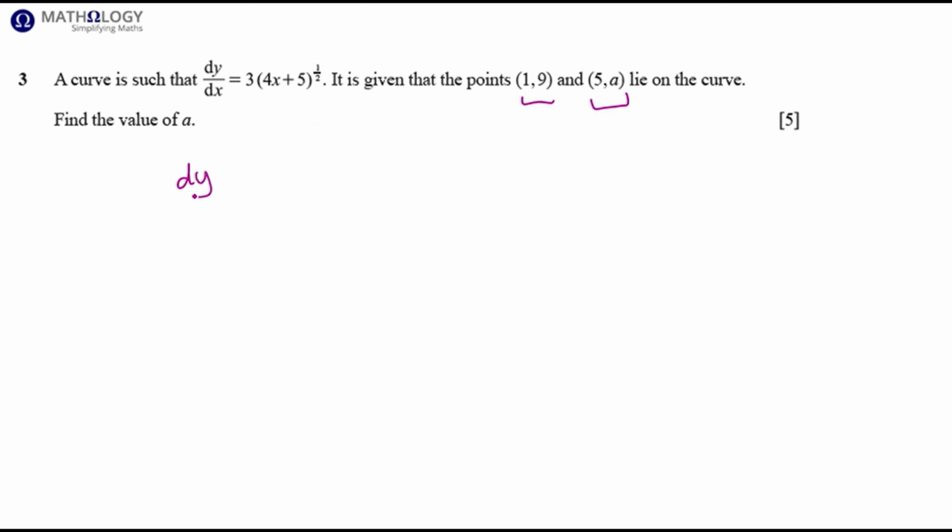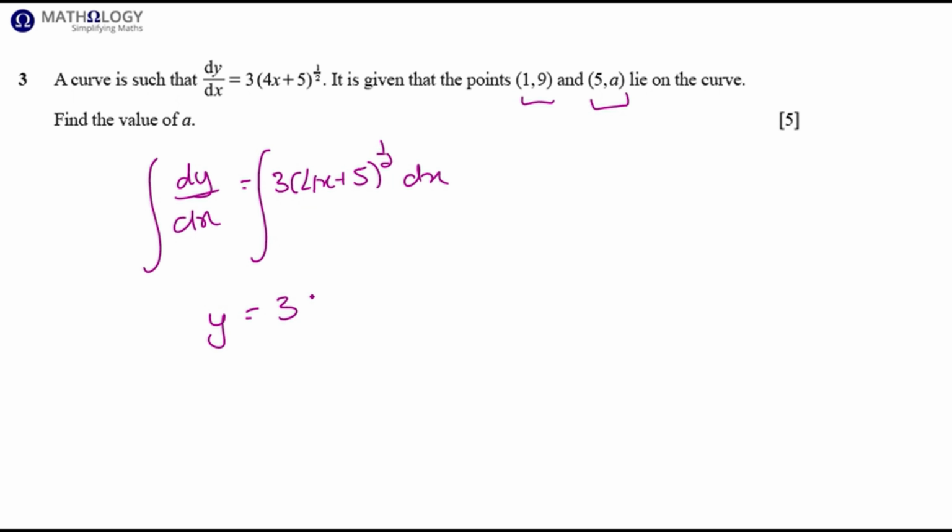So to find the equation of the curve, we're going to take the derivative function and integrate with respect to x. So the integral of dy/dx equals the integral of 3 times (4x + 5) to the half dx. The integral of dy/dx will just give us y. 3 is a constant term, we'll take that out of the integration.